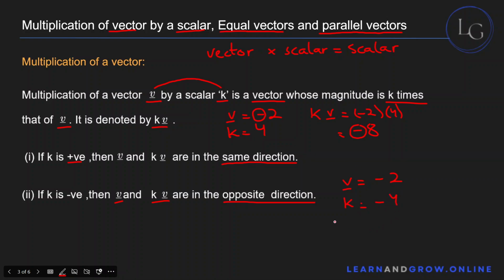So when you have kv, that will be equal to -4 into -2, which is equal to +8. As you can see, v is negative, but kv is positive, right? So v is in the negative direction and kv is in the positive direction. So they're in opposite directions. I hope that clears things up.